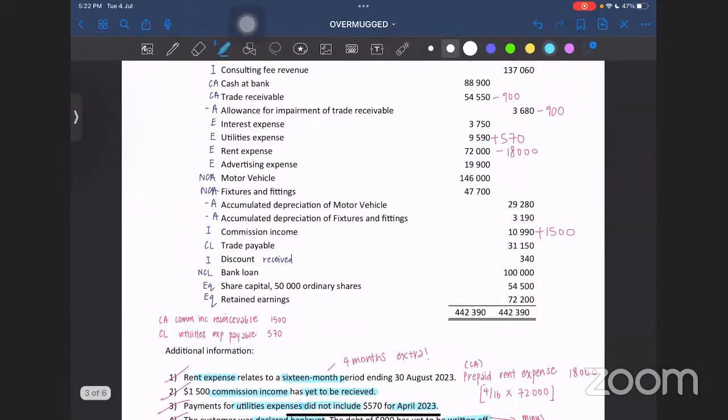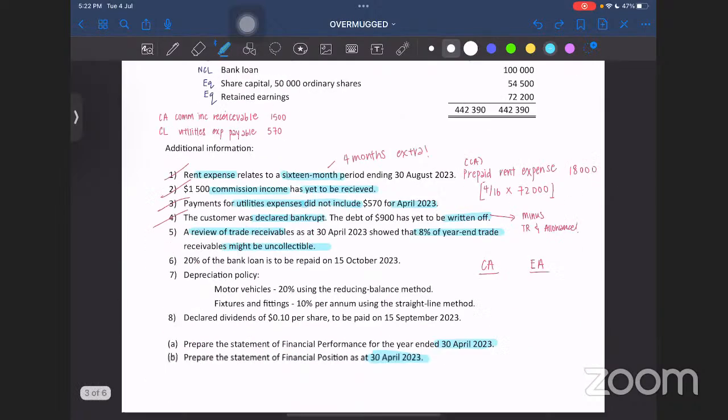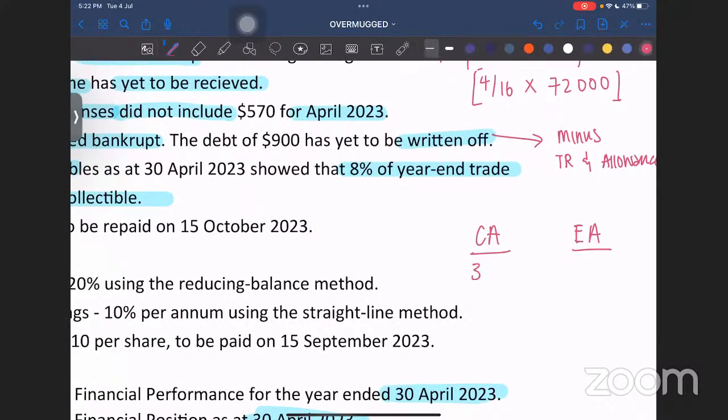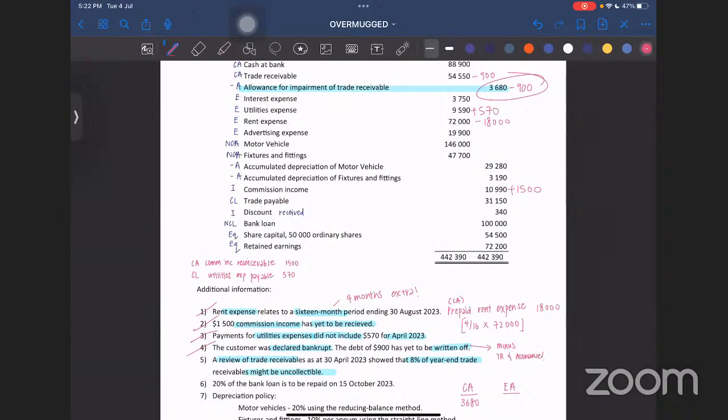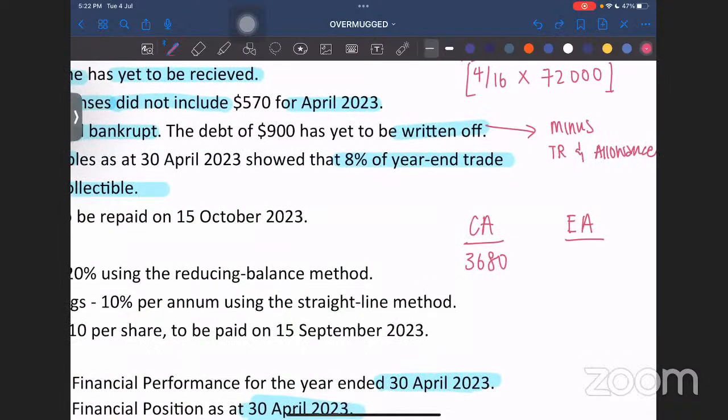My beginning, I started with how much? 3,680. Then during the year, we have this person written off, right? So I will deduct $900. So that will give me a current balance of 2,780.